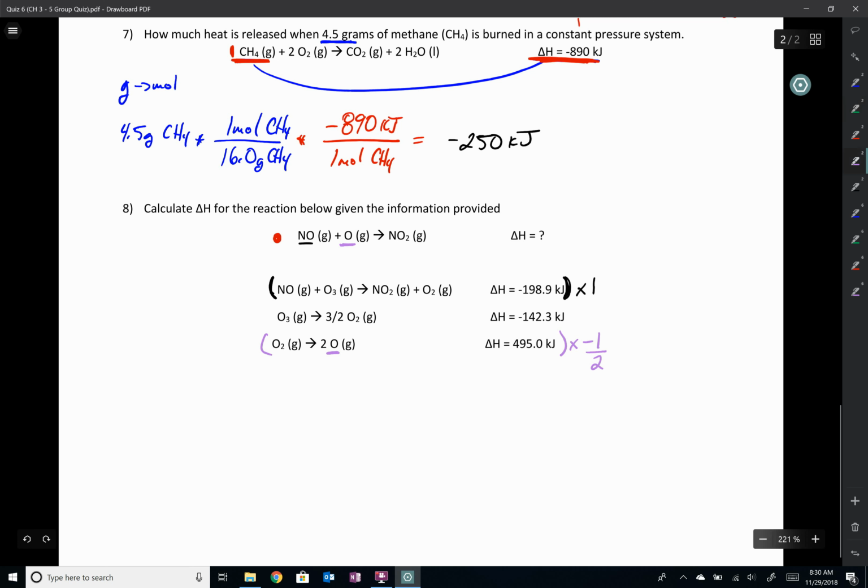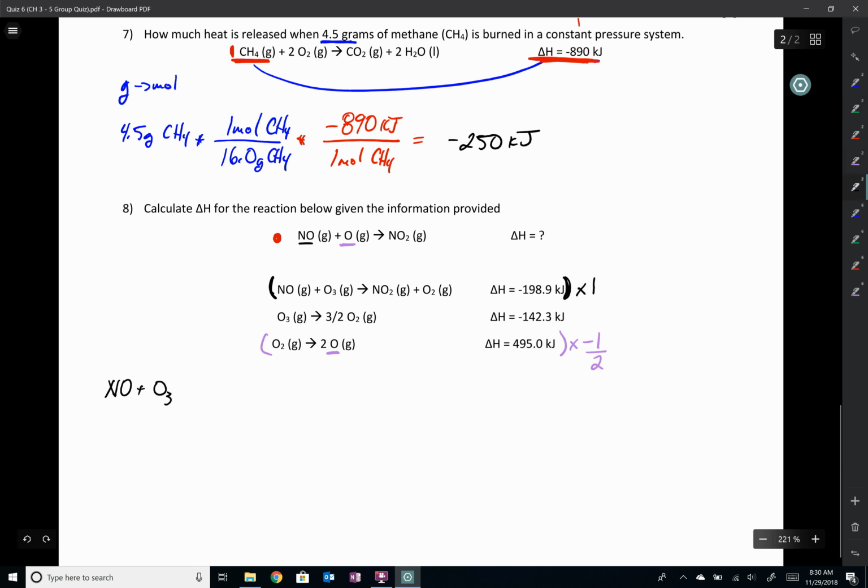You say, well, what about that equation in the middle? Well, we'll see what's going to happen to that in just a minute here, okay? So let's write out what we have so far. Let's write out what we have in the black and in the purple. In the black, we have NO plus O3.